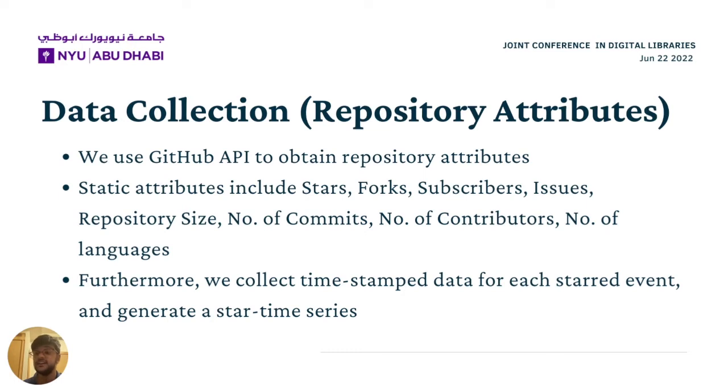We then use this data to create a time series for the stars, which we call the stars time series. This stars time series represents the temporal evolution of the repository, and it's also a good representation of how external engagement to the repository is fluctuating through time.